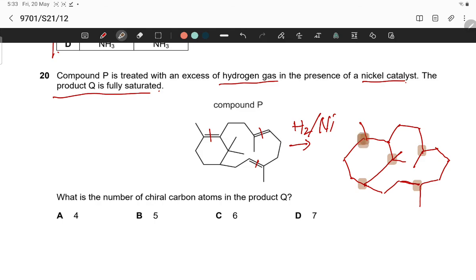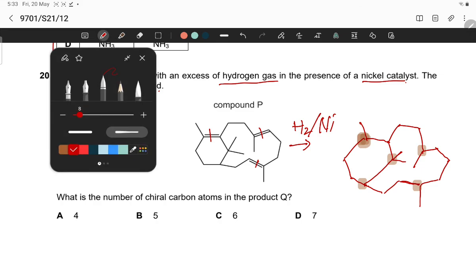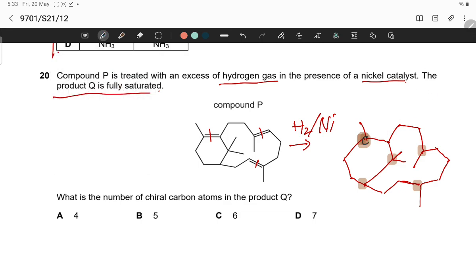This carbon has CH3, H, and 2 different groups. 1, 2, 3, 4 and 5 chiral carbons.